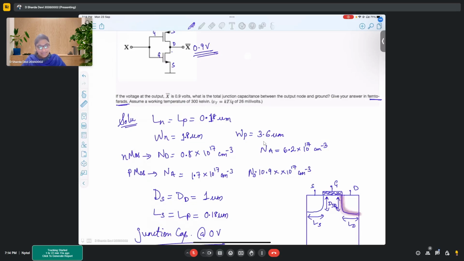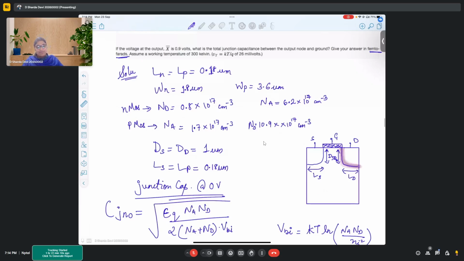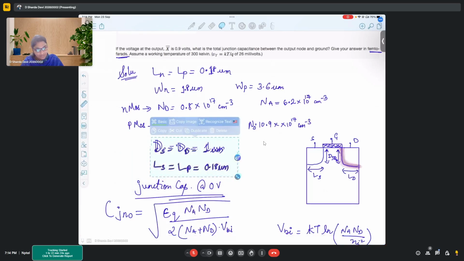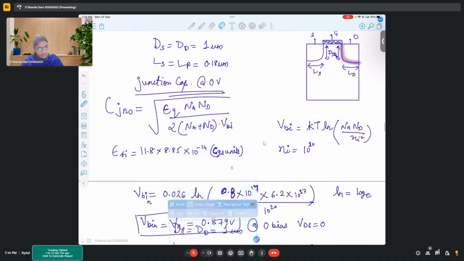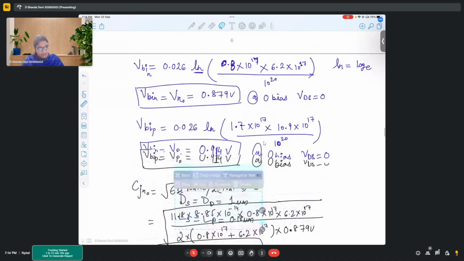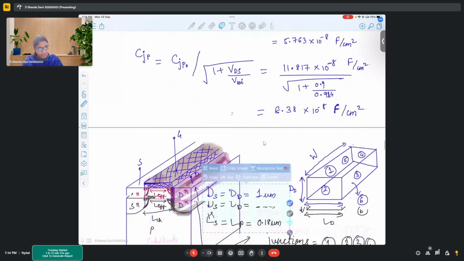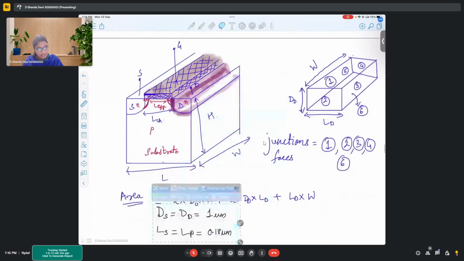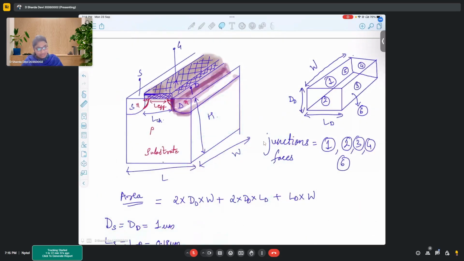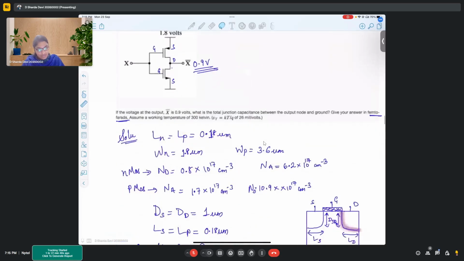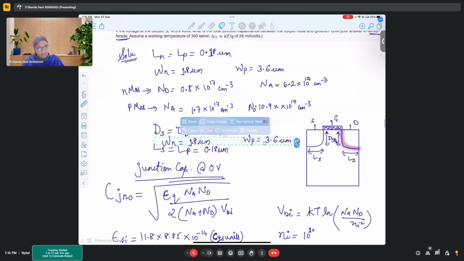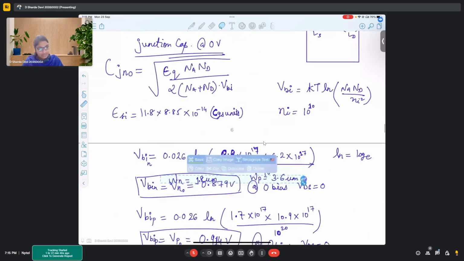Other than that, all of them are the same, like DD and DS. The doping depth and length of doping are the same for both the transistors. The only thing that changes is the width side.